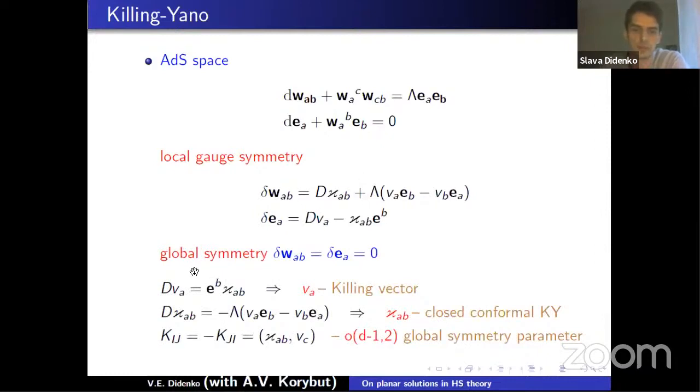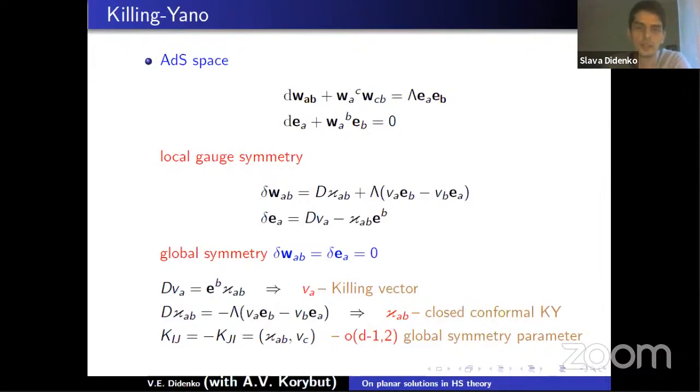And that global symmetry condition exactly gives you the condition where you can recognize that the parameter V here is a Killing vector, because the right-hand side is the antisymmetric tensor. There is no symmetric part. Well, this kappa_AB antisymmetric contains no hook and no antisymmetric rank 3 tensor. And that is why this is a closed conformal Killing-Yano.